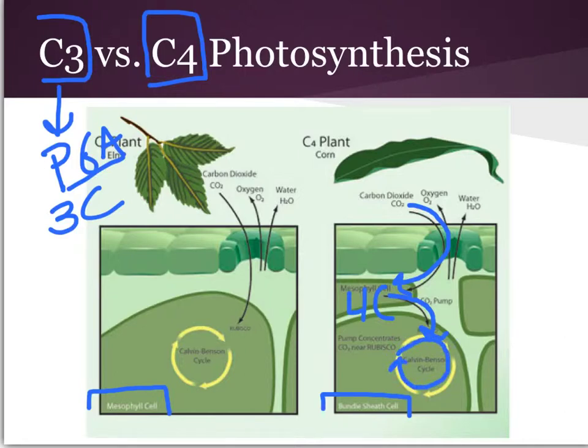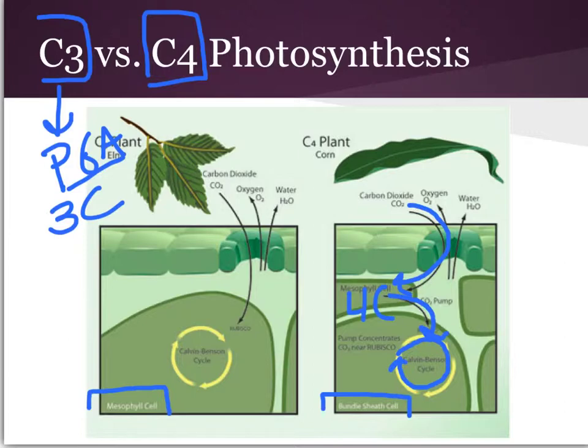Calvin cycle. Okay, so instead of performing both the light reactions and the Calvin cycle in the mesophyll cells, in C4 plants, the carbon dioxide is converted into a 4-carbon molecule, transferred into a new cell where it can then perform the Calvin cycle.